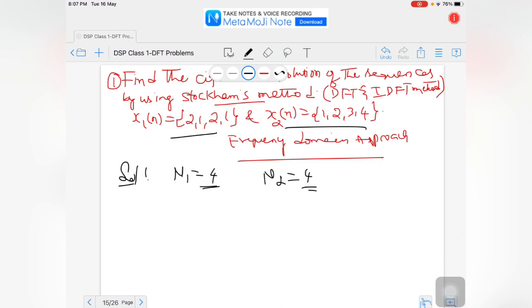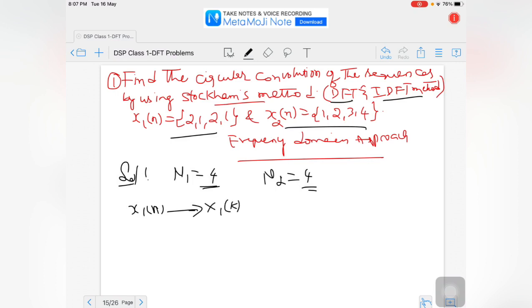When the lengths of both sequences are the same, you can go with the circular convolution directly. In this method we follow both DFT and IDFT. For x1 of n, you calculate the 4-point DFT and get x1 of k.